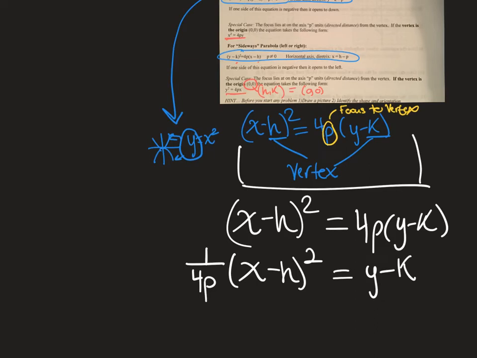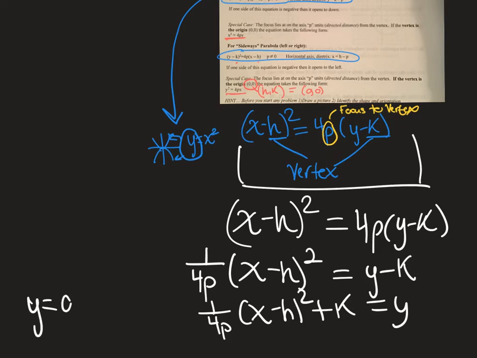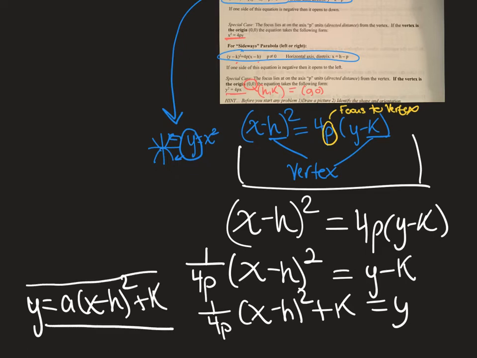And then I'm going to add my k back over. So 1 over 4p times (x minus h) squared plus k equals y. You've seen y equals a(x minus h) squared plus k. That is your formula for a parabola in vertex form. All we've done is replace the a with the 1 over 4p.